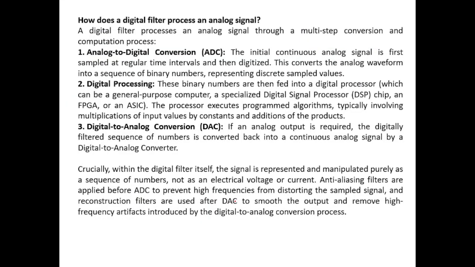So, how does a digital filter process an analog signal? We have already discussed. We will have analog to digital conversion, then we will do the processing within the digital processors, and then we will have a digital to analog converter.